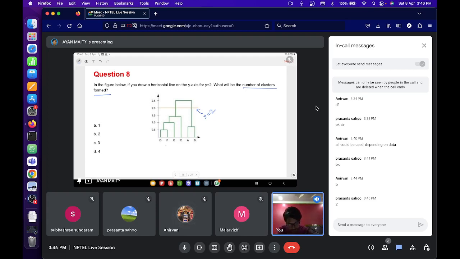Such cluster merging trees or structures are called dendrograms.